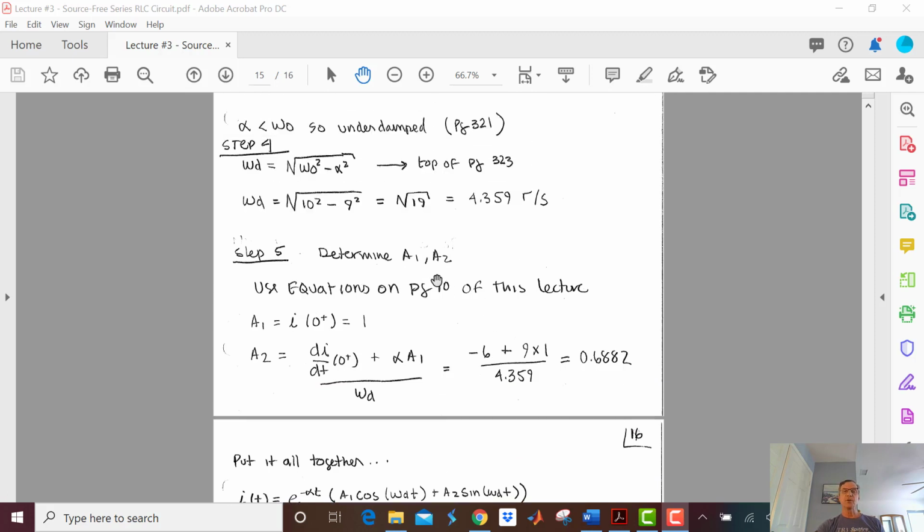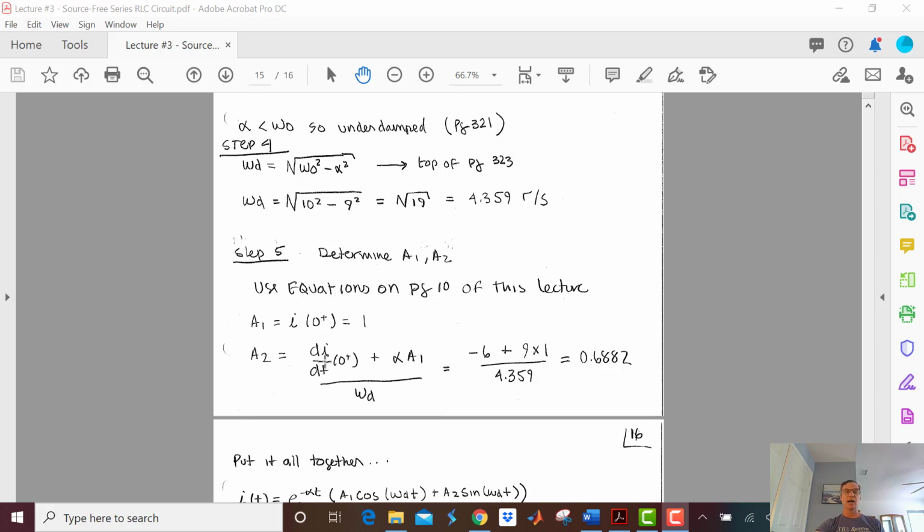And so I'm going to use the equations on page 10 of this lecture, because I'm not going to rederive this every time. I'm going to use those equations, and I'm going to write those equations down, and I'm going to use them when I'm taking these quizzes. So A1, we showed, was just equal to I at 0 plus, it's equal to 1.